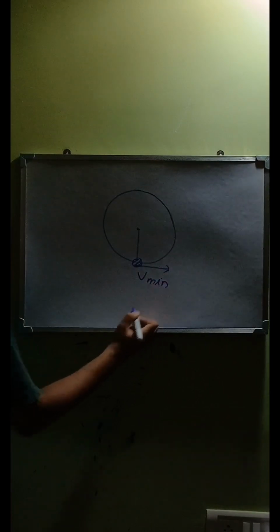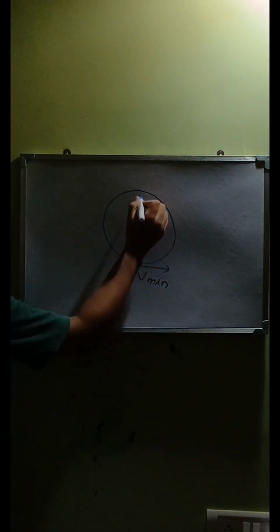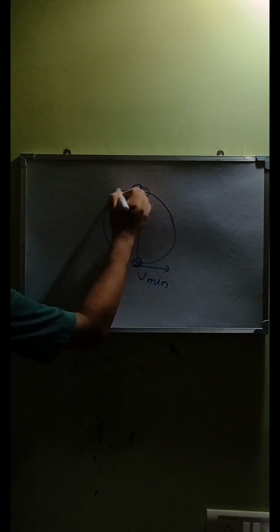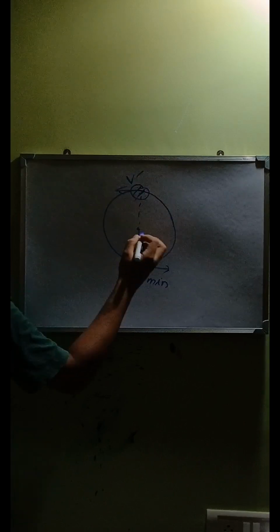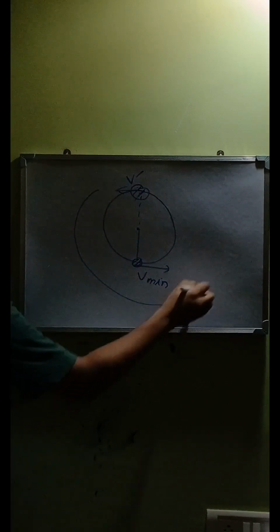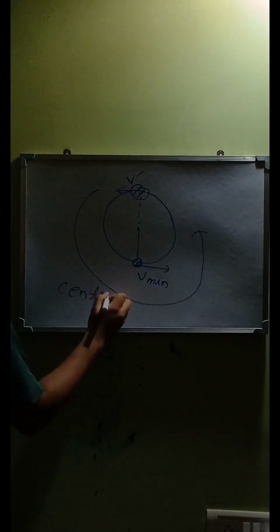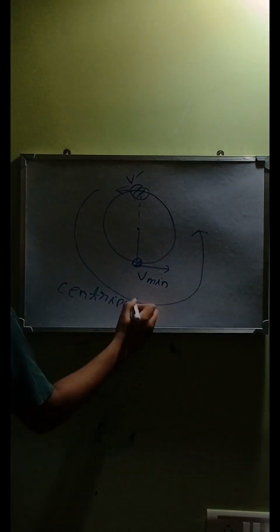So now let's consider that I have given the bob the minimum velocity to complete a loop, and it has reached its topmost point with a velocity v dash. Now, as it is executing a circular motion, there should always exist a centripetal force.